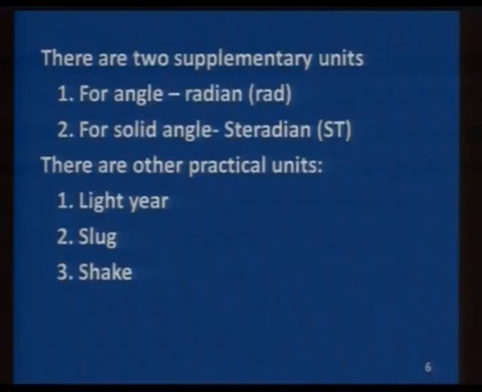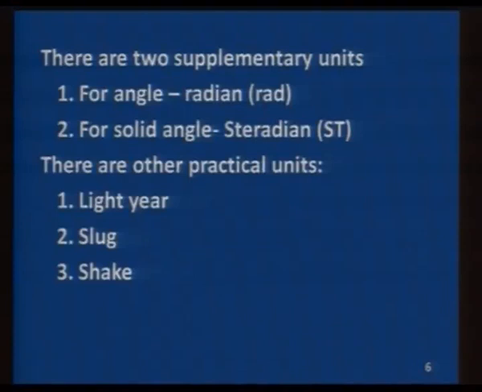Sir, is there any category of units? Yes, there are the units which I have already told you, the fundamental units and derived units, but there are also other practical units and supplementary units. The supplementary units are the radian for angle and the steradian for solid angle.